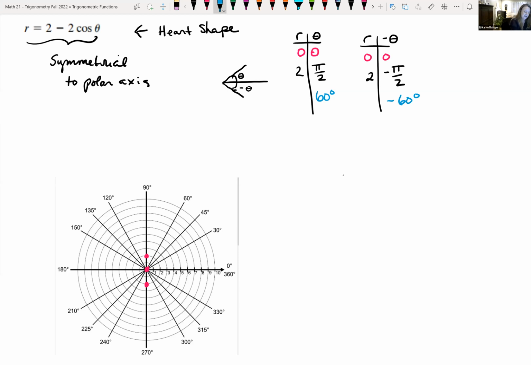So plugging that in, 1/2 times this negative 2, that's negative 1. 2 minus 1 is 1. So going 60 degrees, I'm going to be at 1. And going negative 60 degrees, I'm also at 1.